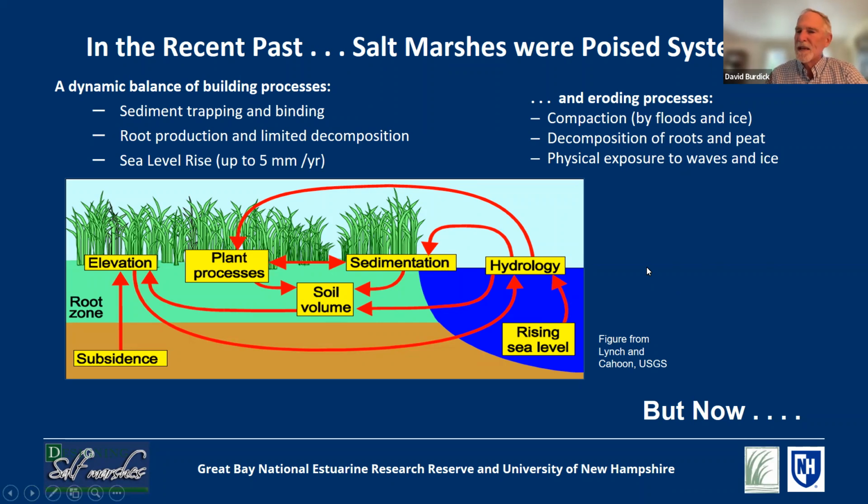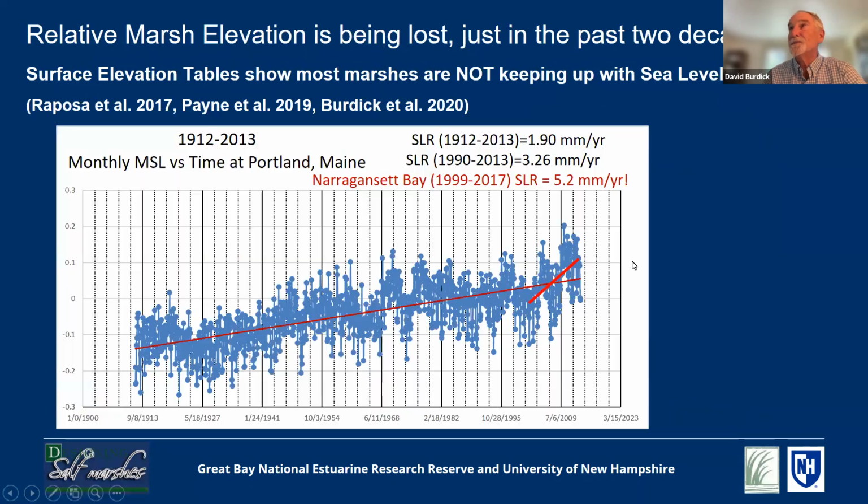But now we're seeing much higher rates of sea level rise. The next slide shows these rates from 1912, I believe, all the way up to the middle of the last decade. These are monthly sea level averages, and you can see they change a lot from month to month.